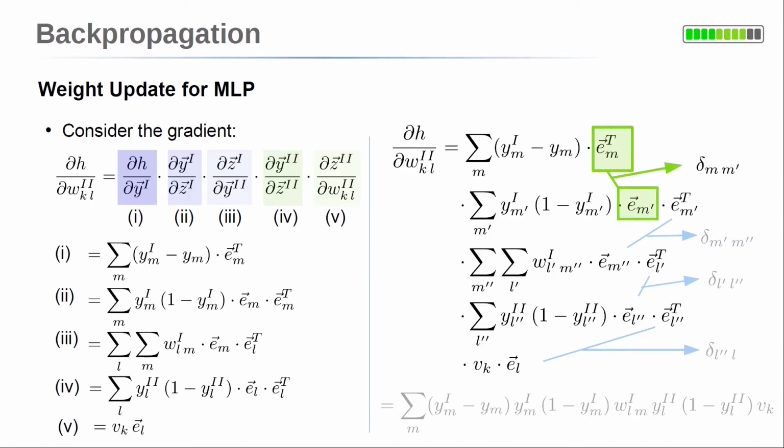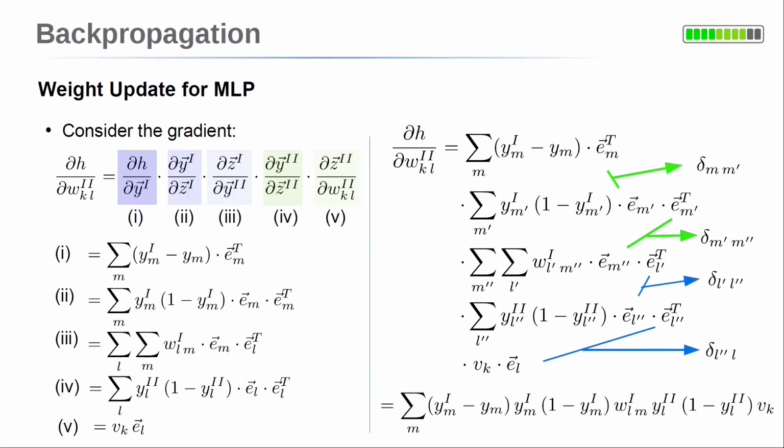For example, the unit vector em transpose times the unit vector em prime is 1 for m equals m prime and 0 otherwise. So this is a Kronecker delta m m prime.